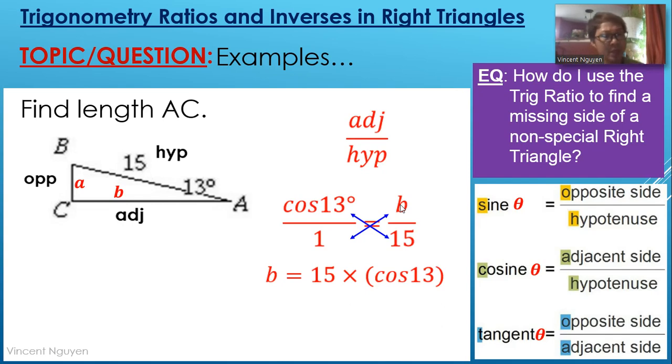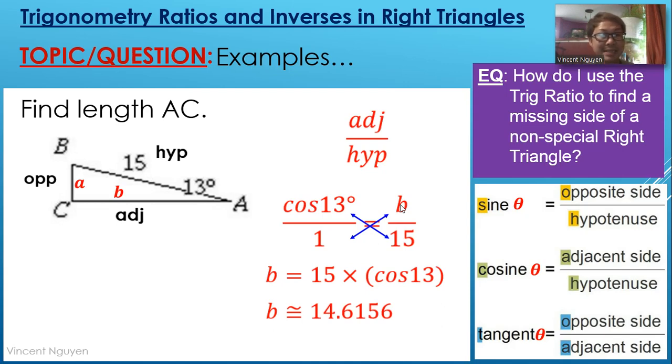However, I tend to put the number ahead of the function because sometimes if you put 15 behind 13 and you don't use the parentheses correctly, it might miscalculate on your calculator, okay? So if you type this into your calculator, 15 times cosine of 13 degrees, and make sure you are using degree mode to work with these trigonometry ratios, your calculator will give you an approximate answer, right?